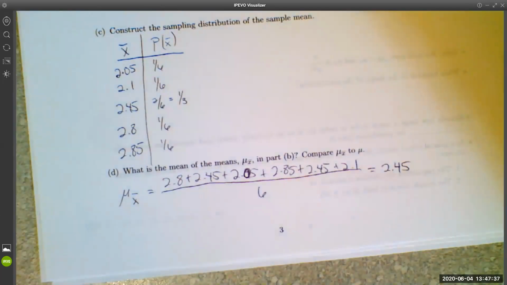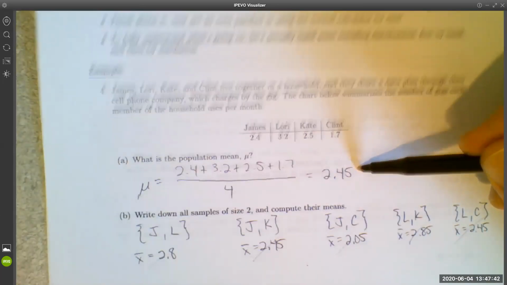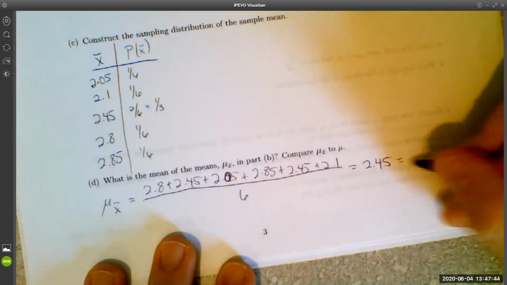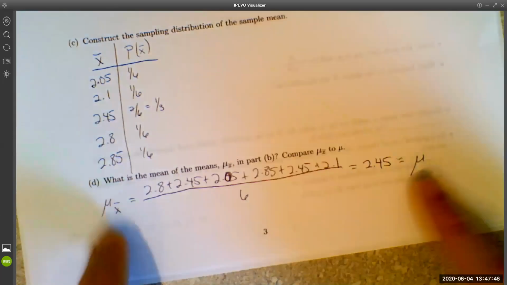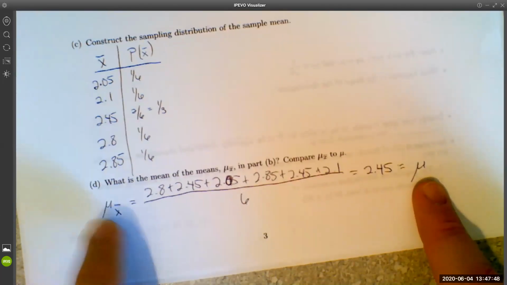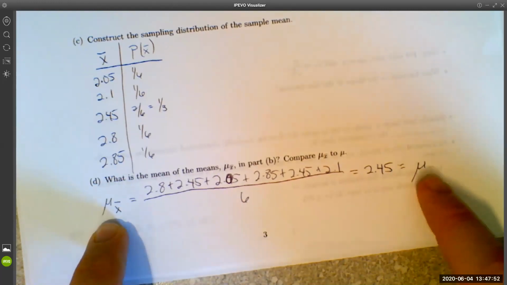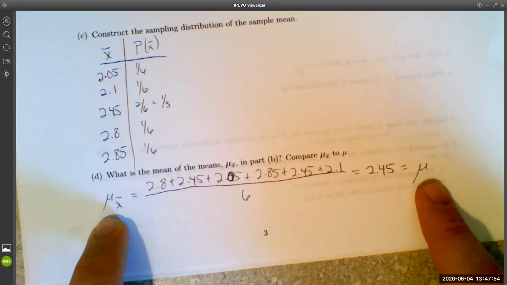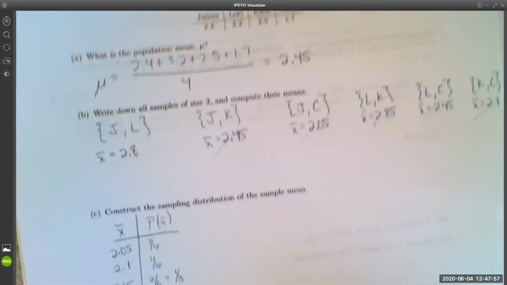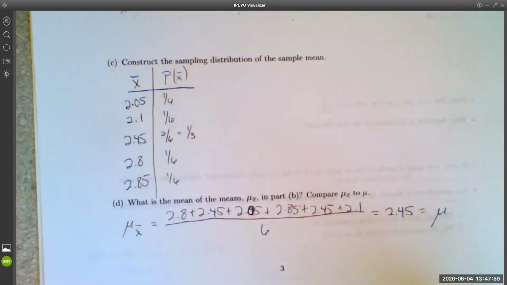Interesting, right? Because 2.45 was the population mean. So there's that relationship, right? We said that the mean of the sample means, mu sub x bar, is going to be equal to the population mean, mu. And here we've just done an example that proves it, at least for this particular case. But I promise you that it is true in general.